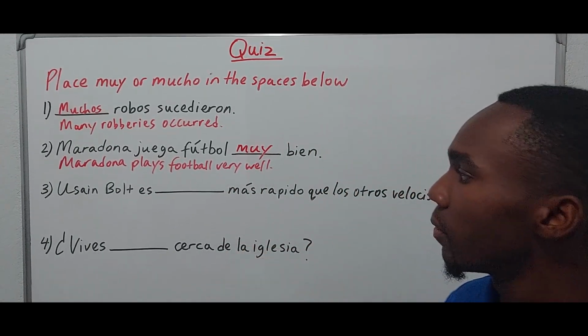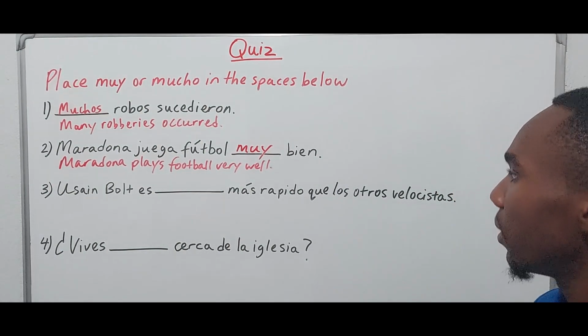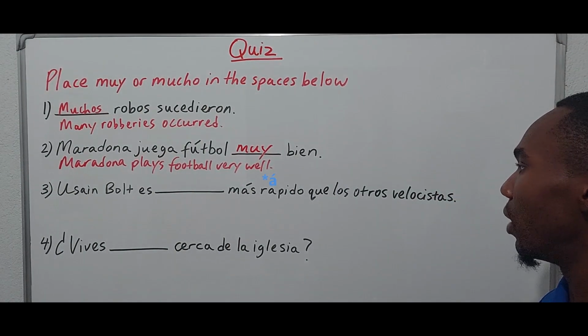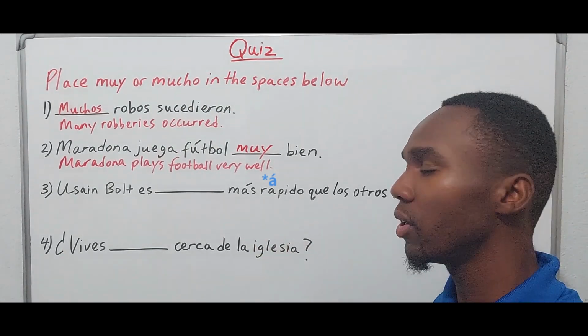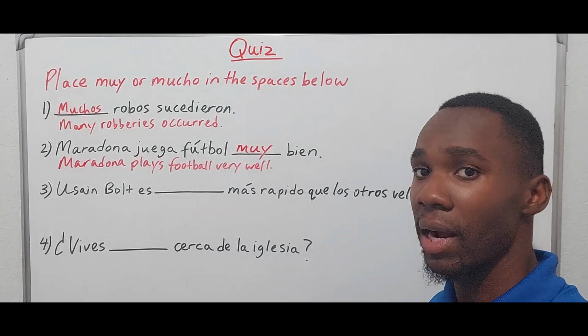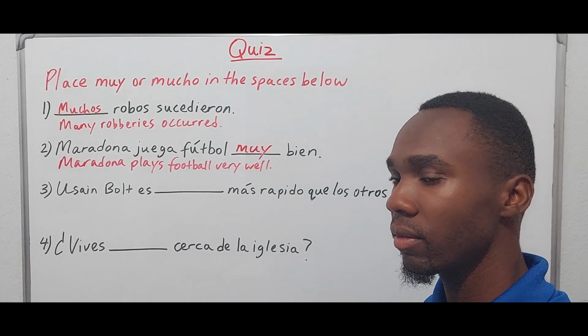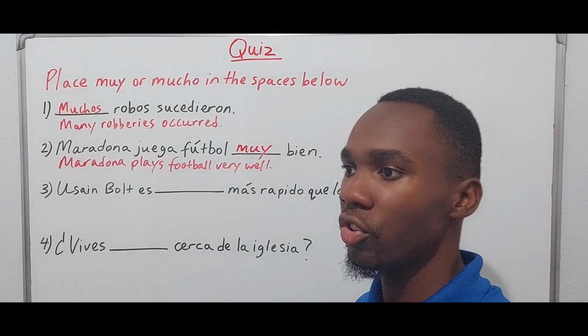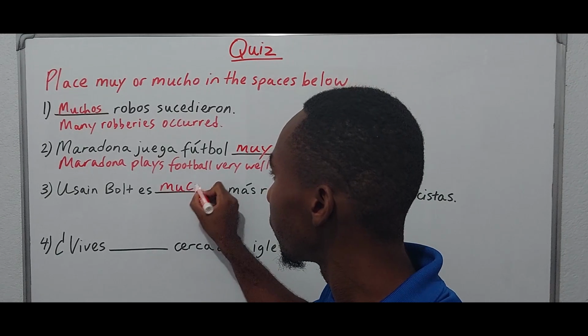All right. Number 3. Usain Bolt es blank más rápido que los otros velocistas. Más rápido is a comparative. And what do we use before comparatives? Mucho. But does mucho change form? No. So it's mucho.